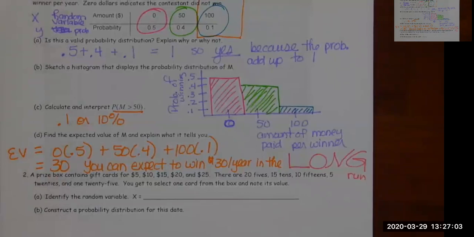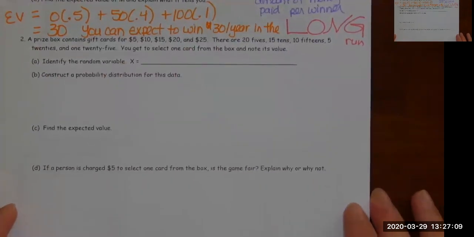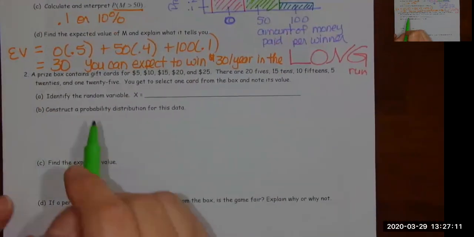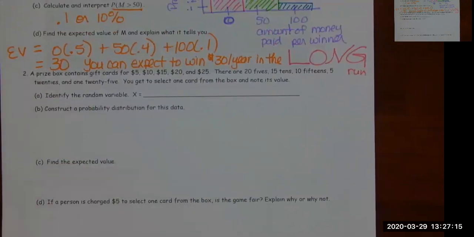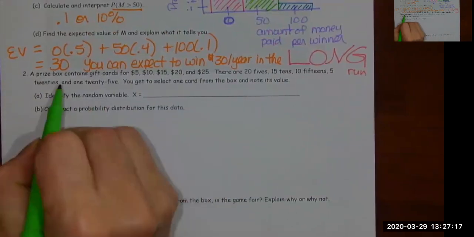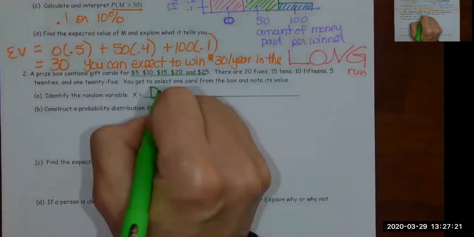Okay, so now you hit pause and you do number 2 as a self quiz. I'll kind of help you get started. The random variable, what is the random variable? Well, it would be the dollar amount.